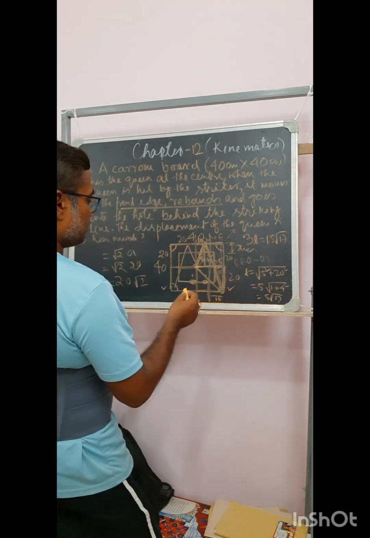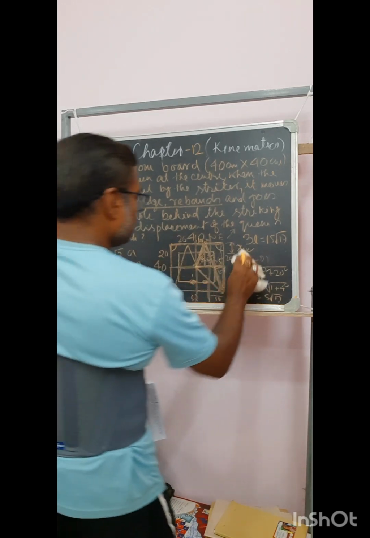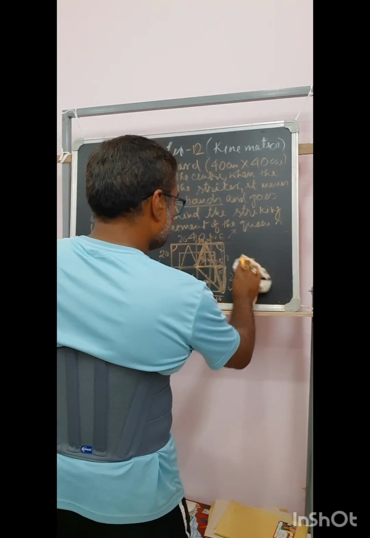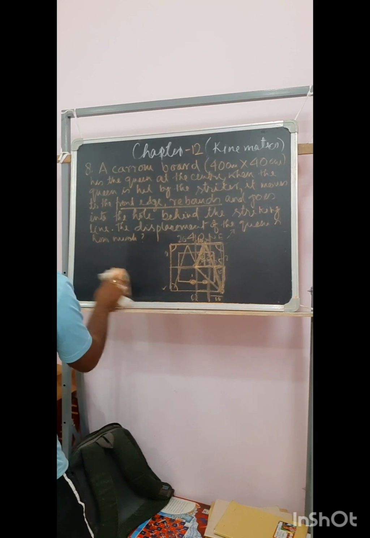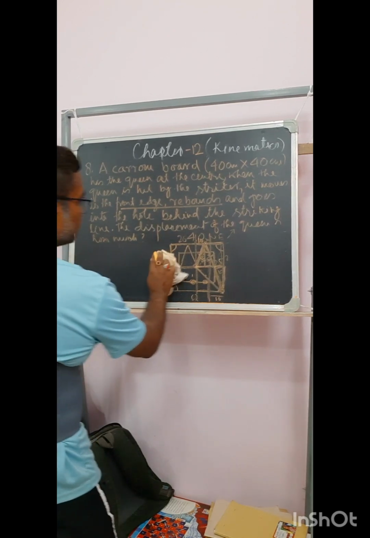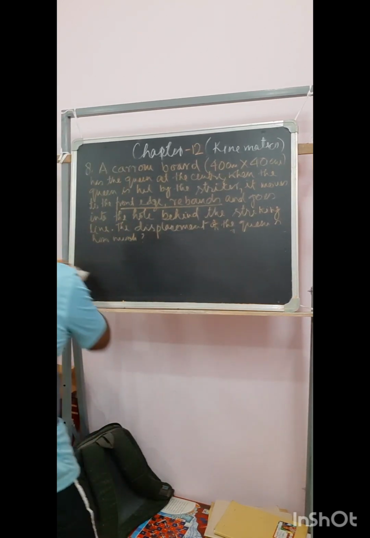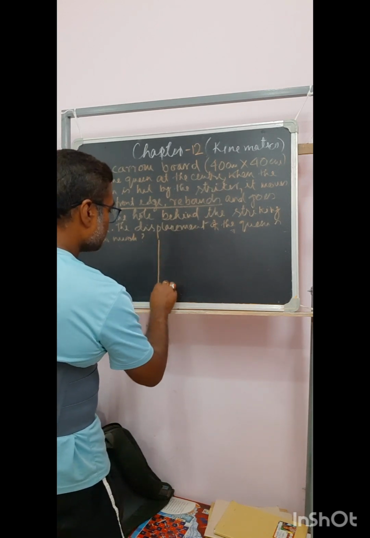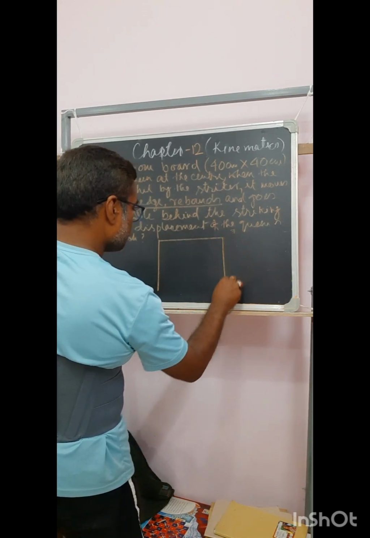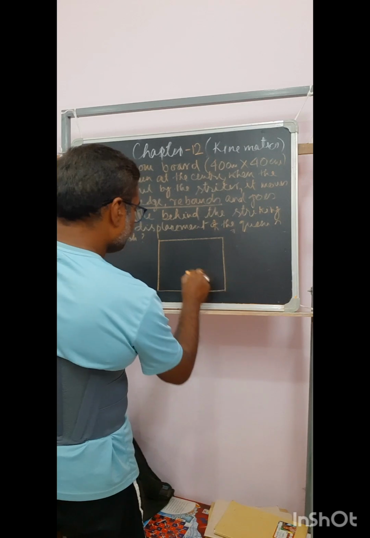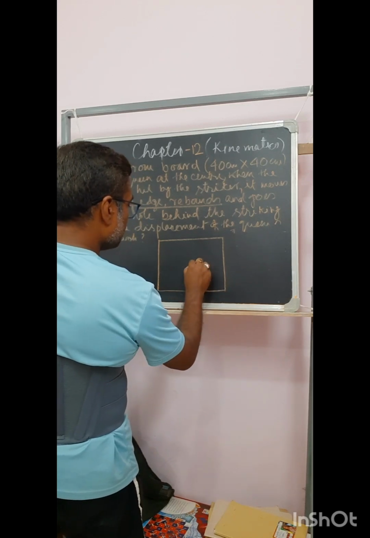Let me draw the symmetric triangle, because it needs to be understood properly. Let me draw it again. This is a square, the center of that.